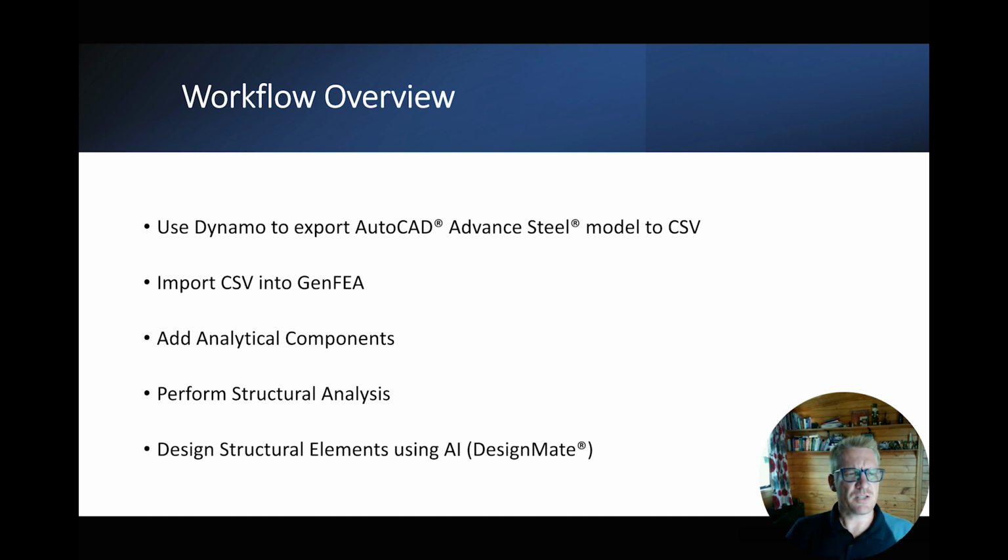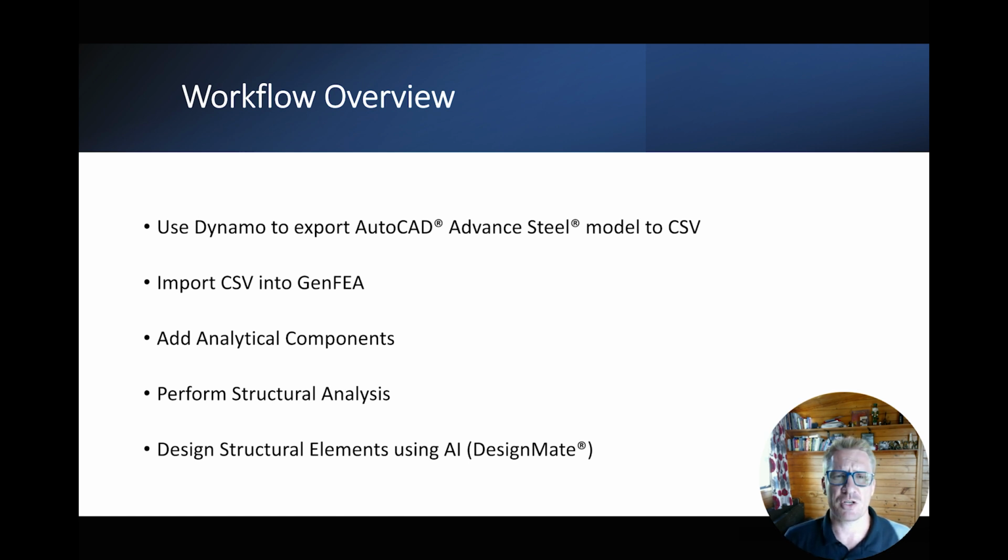So the workflow is we're going to be using Dynamo to export AutoCAD Advanced Steel models to a CSV format. We're then going to import those CSV files, there'll be two of them, one for nodes and one for frames, into the GenFEA software. Once in GenFEA, we'll be adding some analytical components such as supports and loads to the model.